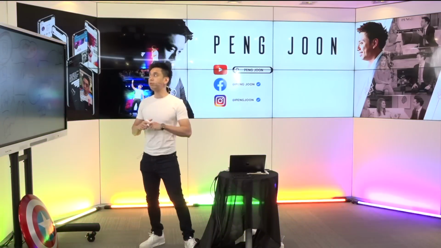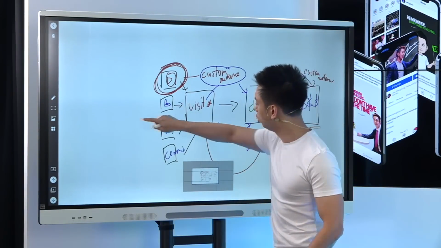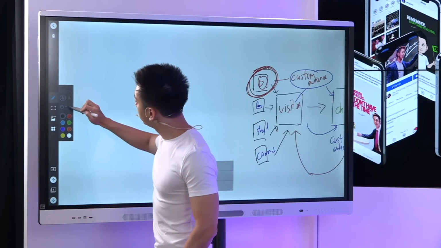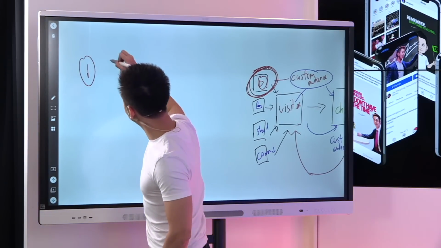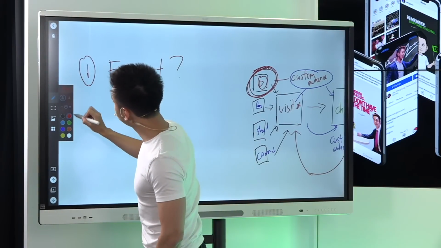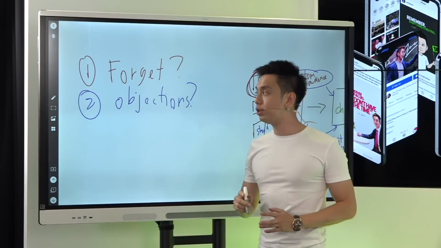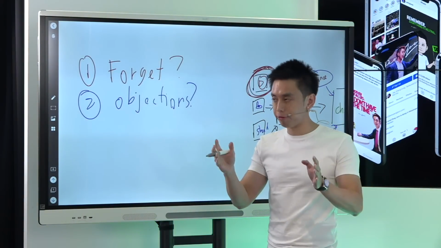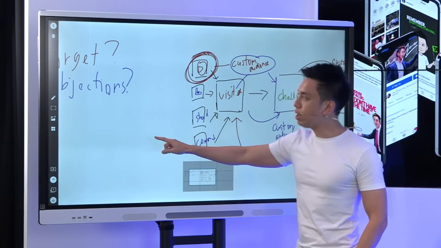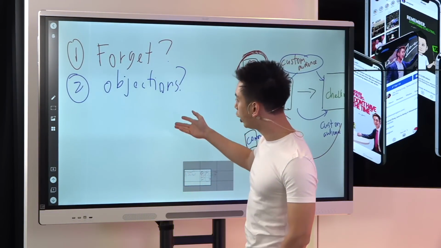So number 1 is maybe you forgot something. Number 2 is your type of retargeting ad. Let's move over here now, okay? So number 1, the first type of retargeting ad is basically, did you forget? Okay. Number 2 is objections, right? What objections do they have about your offer, your product? Because they visited it, remember, but they didn't buy. So what if you could shoot these videos that talk about their objections?